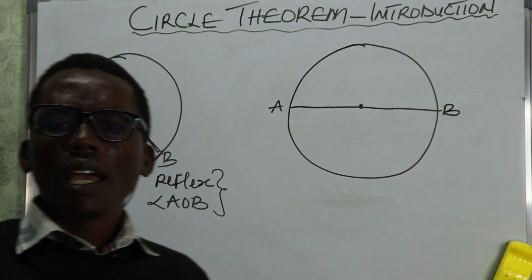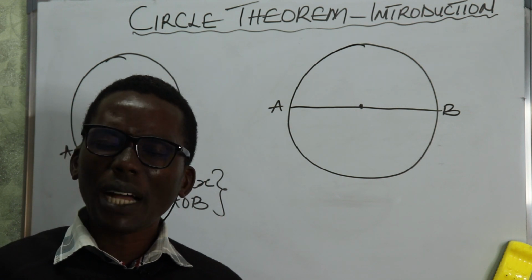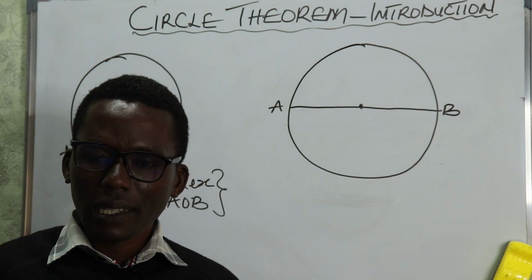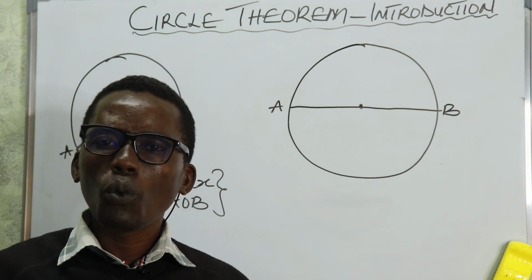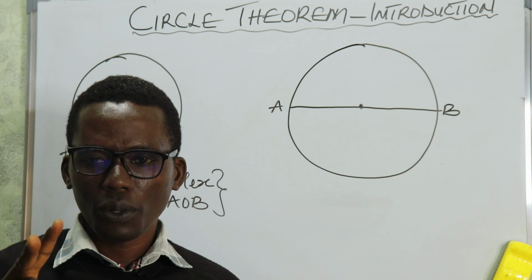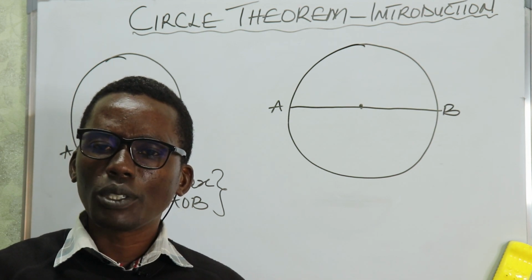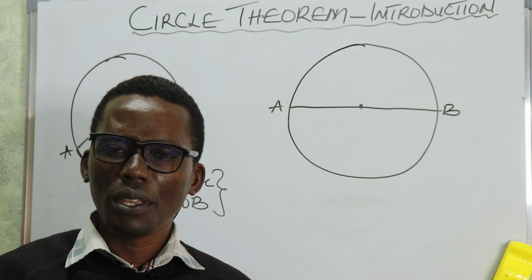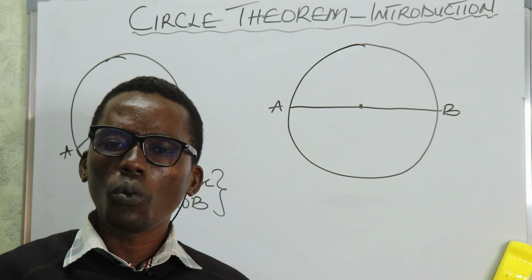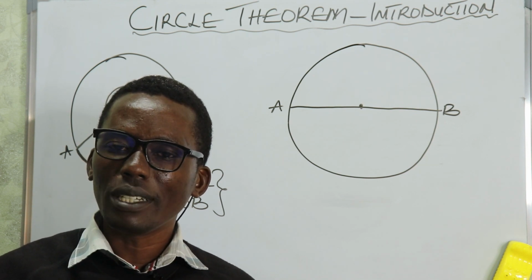Now when the chord becomes the diameter by passing through the center O of a circle, the diameter will subtend two angles. One of the angles will be a straight line angle, which is angle AOB, and the other angle will be the angle it will form at a point on the circumference.